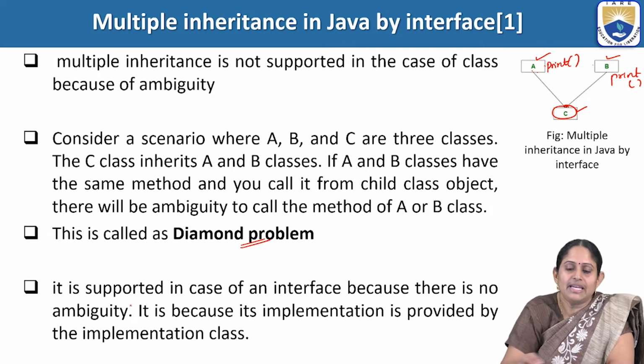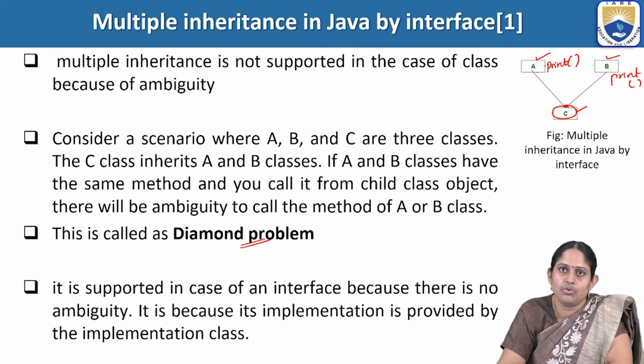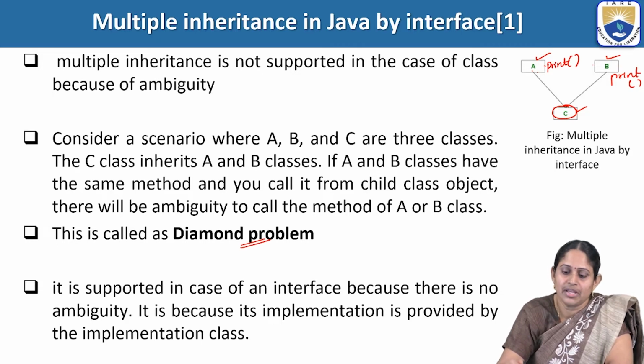So multiple inheritance in Java is not supported using classes because of this ambiguity. The object of the child class may have a doubt about which method of the parent classes to invoke.